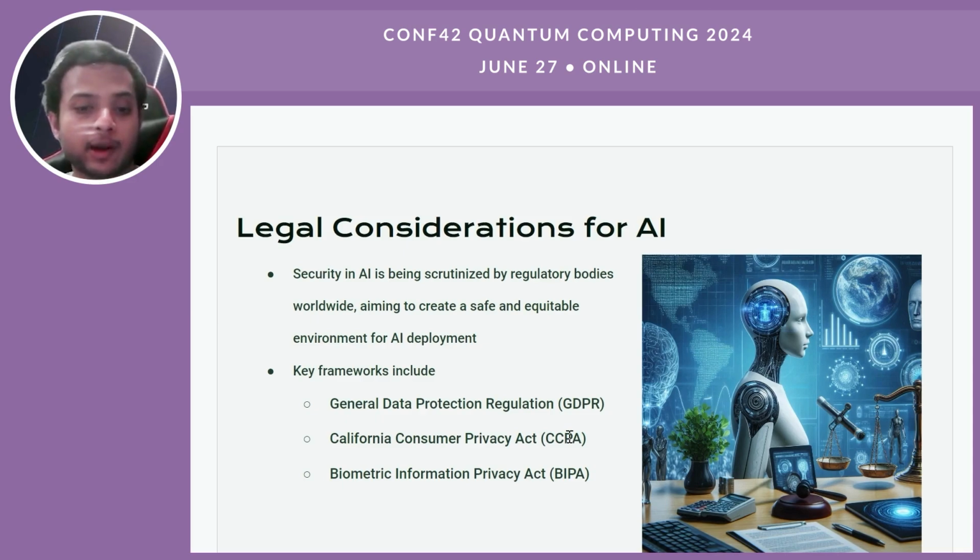Some example frameworks include GDPR, the General Data Protection Regulation, which imposes strict guidelines on data privacy and security, including AI systems that process personal data of EU citizens, European Union citizens. The other regulation we're going to be talking about is the California Consumer Privacy Act, which is similar to GDPR, but it provides consumers with specific rights regarding their personal data used by AI systems.